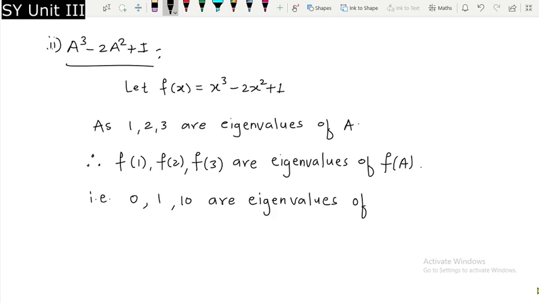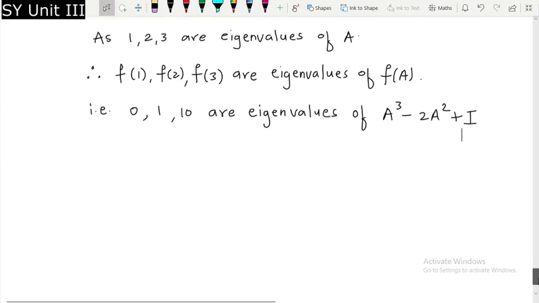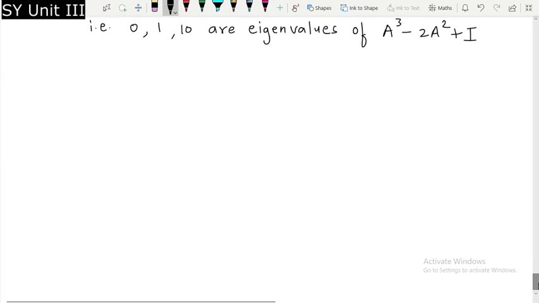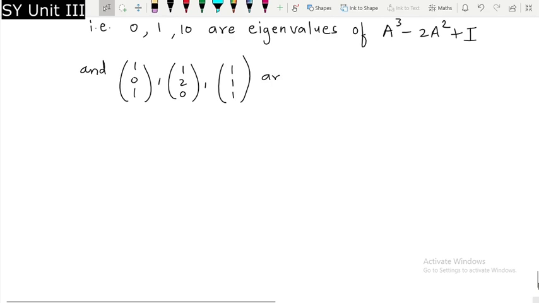But what is my f of A now? Since f of x is this, f of A will be A cube minus twice A square plus I. That is what we wanted. And what will be the eigenvectors? Eigenvectors will remain the same as we have seen in the theorem. So 1 0 1, 1 2 0 and 1 1 1 are the corresponding eigenvectors.